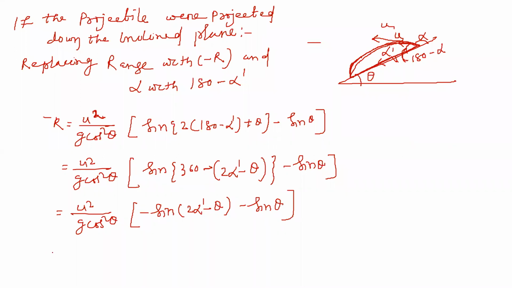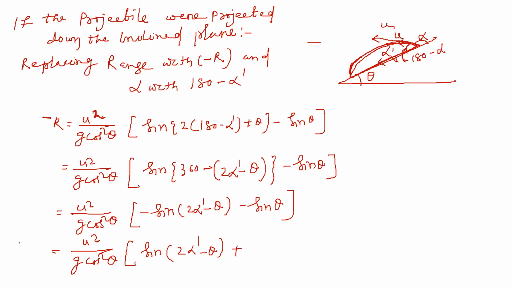So again, rearranging, u square by g cos square theta whole into sine 2 alpha dash minus theta plus sine theta. Students, minus was there, I multiplied by a minus, so it becomes plus and it becomes minus.